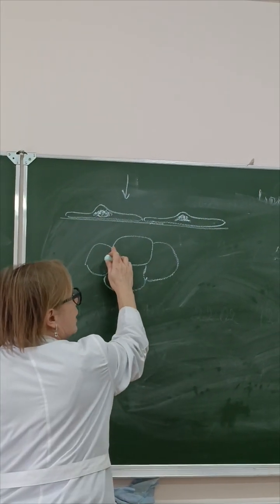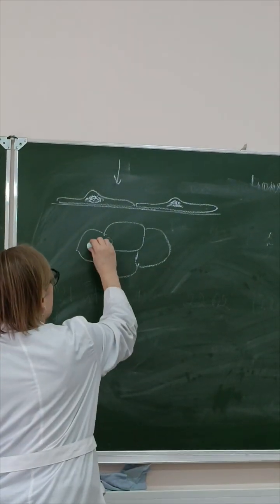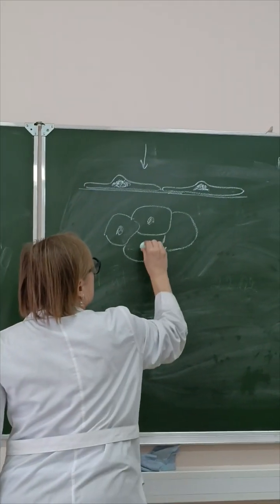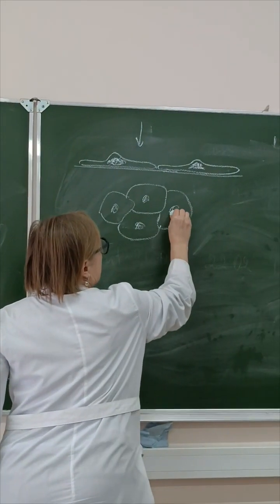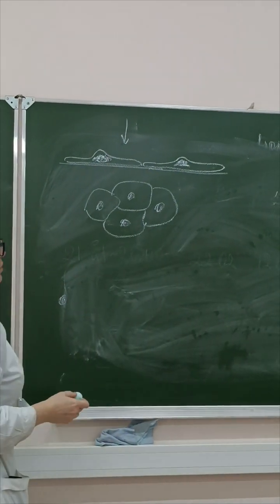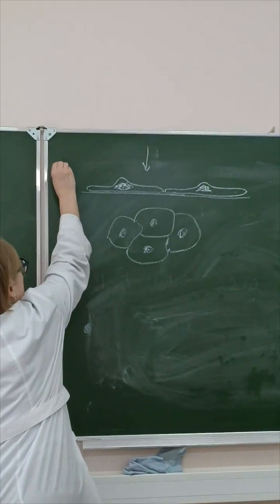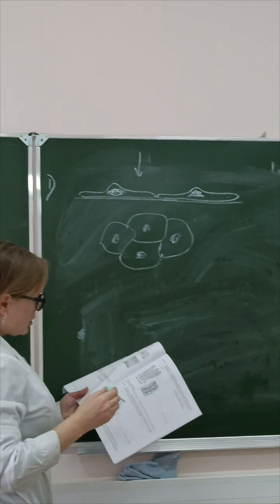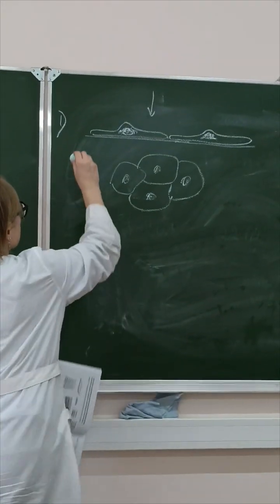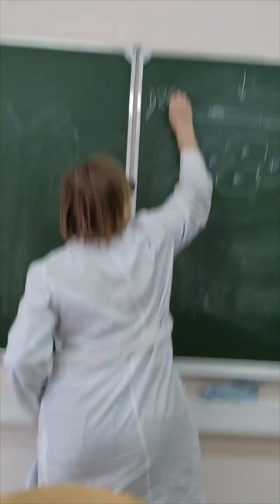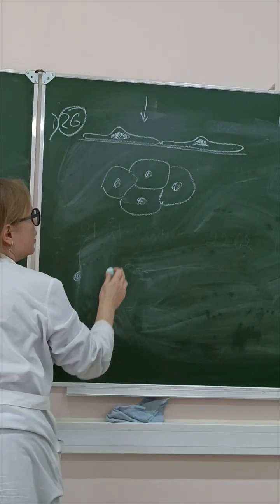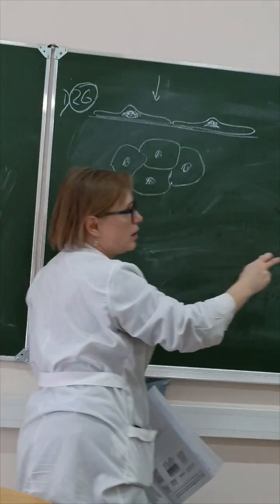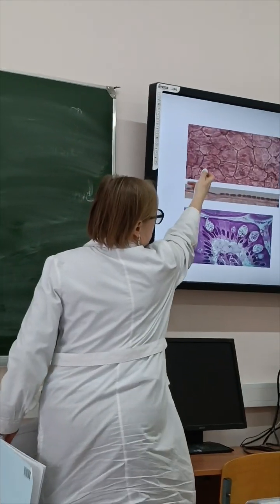We can't see space between cells. They form a layer, and it's important. So this is task 26. You should draw approximately the same using this and this.